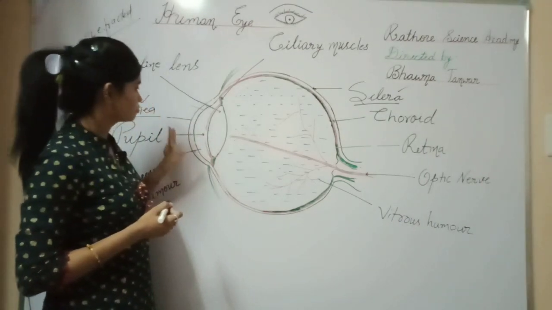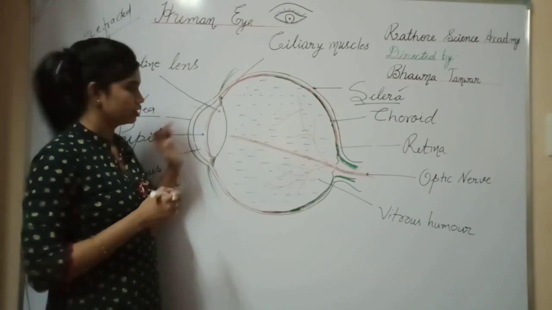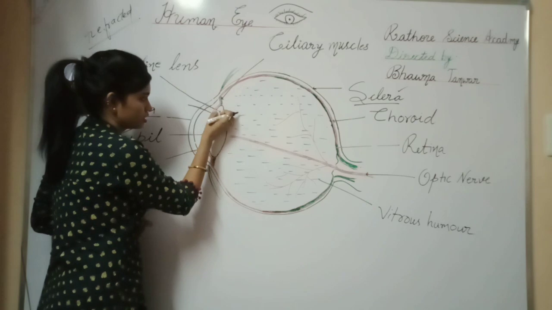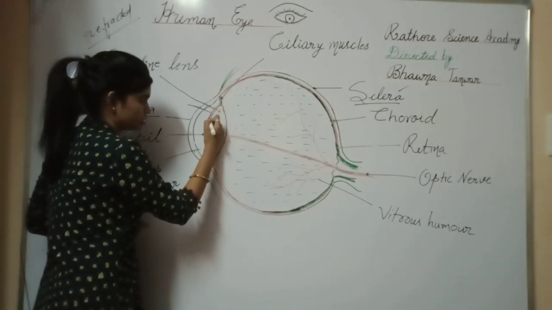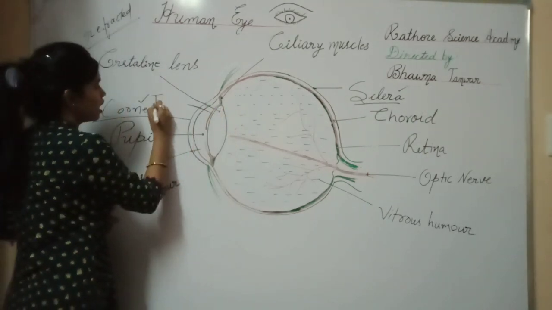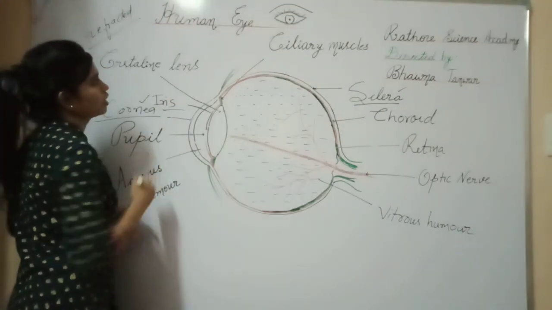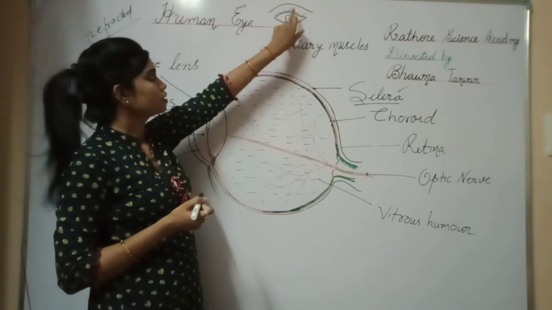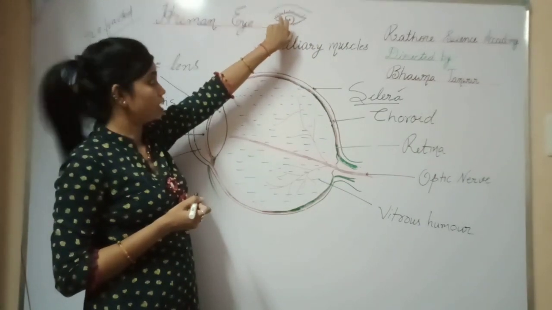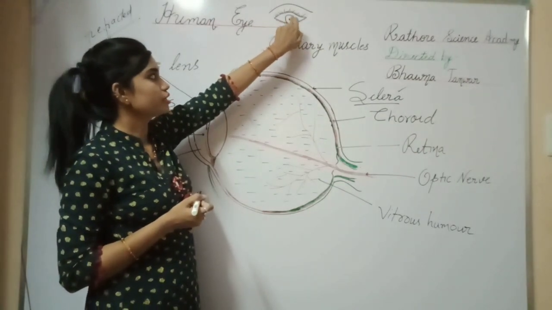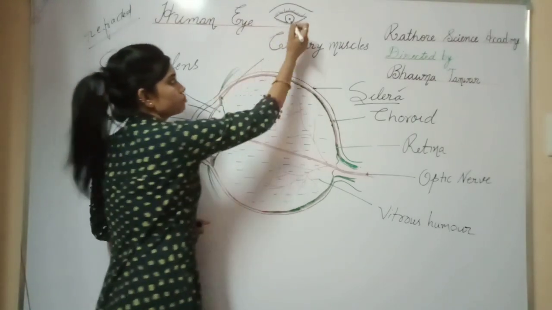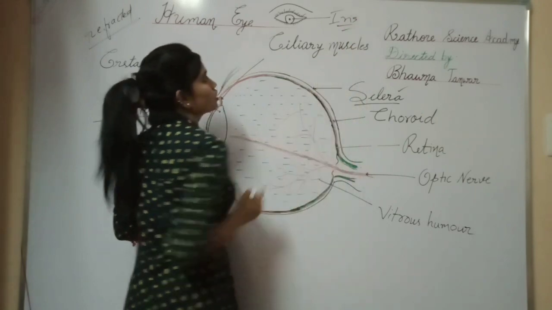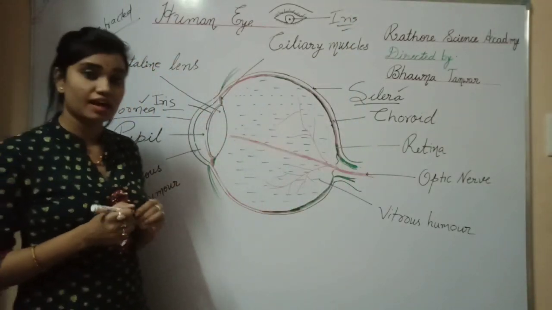Now see, behind the cornea, if you are able to see this portion, this structure is known as iris. That means if you can see this eye, the whitish part of the eye is sclera, and this rounded part is known as iris. So what does the iris do?